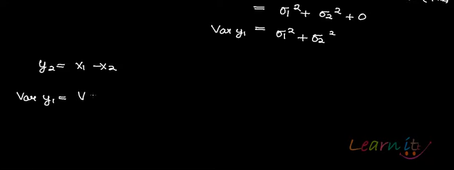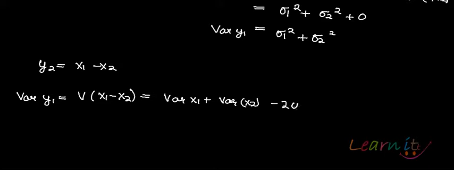It will be variance of x1 minus x2, the formula for which is variance of x1 plus variance of x2 minus 2 covariance x1 x2, which is sigma 1 square plus sigma 2 square minus 0, because these are uncorrelated and independent variables.